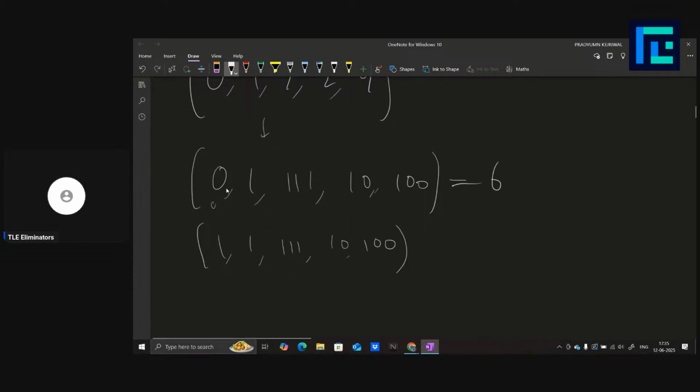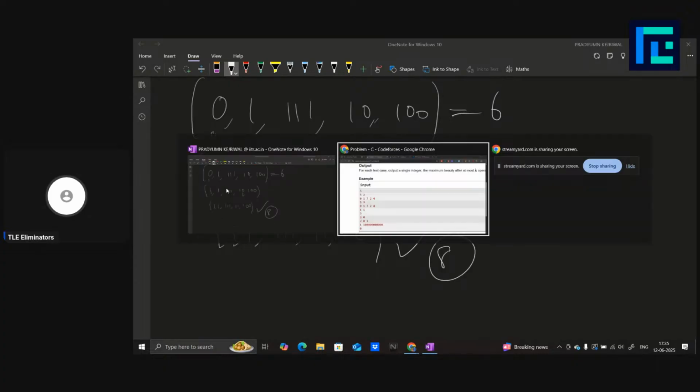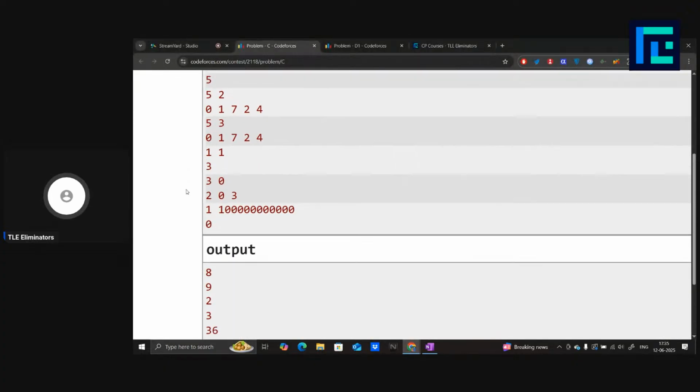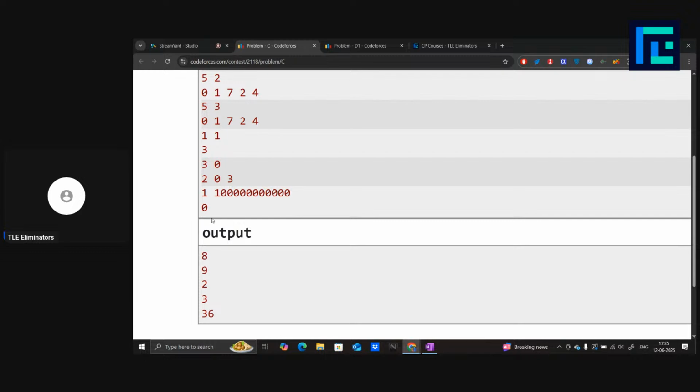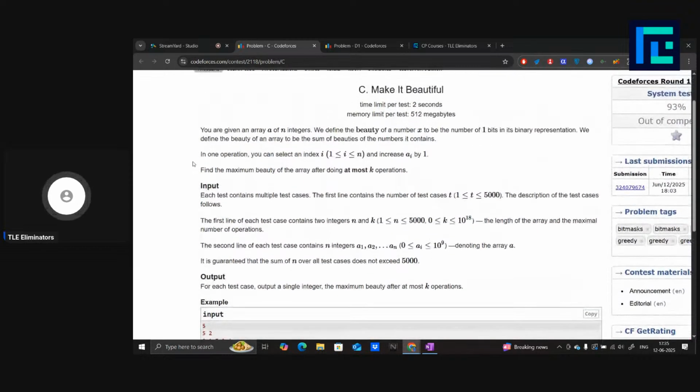So this is one operation, and I also increase this one, so it becomes 2 operations. Okay. So now how many ones do we have? We have 1 2 3 4 5 6 7 8. We have 8 ones, and that's the maximum that we can do. So therefore the answer is 8 for this. Okay, so yeah, that's the problem.